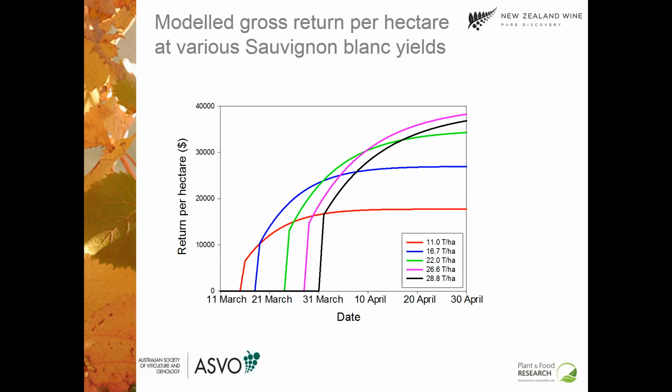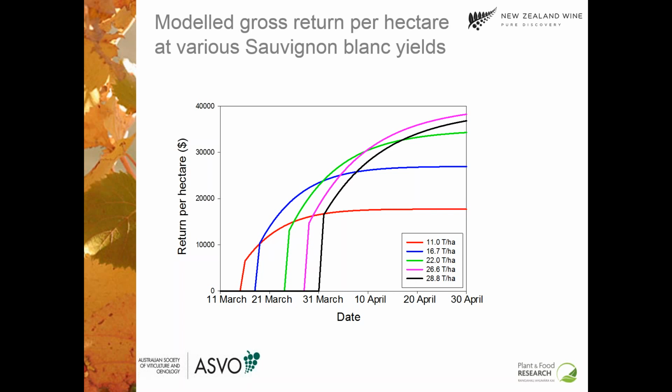Moderate crops, the 16 and 22 ton crops, are producing more gross return than the red line. There's more fruit there, and it's not until you get to the middle of April that the 2 lines intersect with the 30 ton crop.